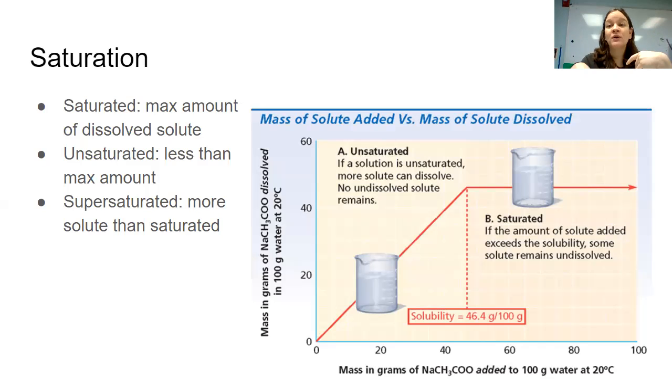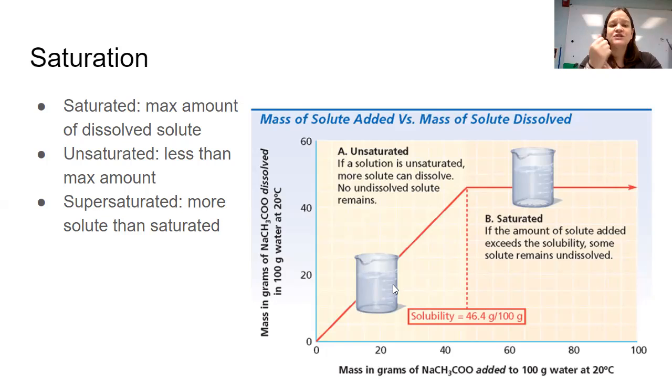You eventually reach a point where it doesn't matter how much you stir it or anything, there's salt on the bottom and it will not dissolve. So you've reached your equilibrium and you are saturated. Unsaturated means that I can still dissolve more, that I can stir it or whatever, and it all dissolves.